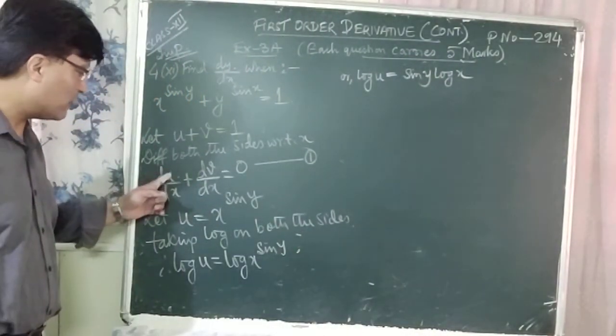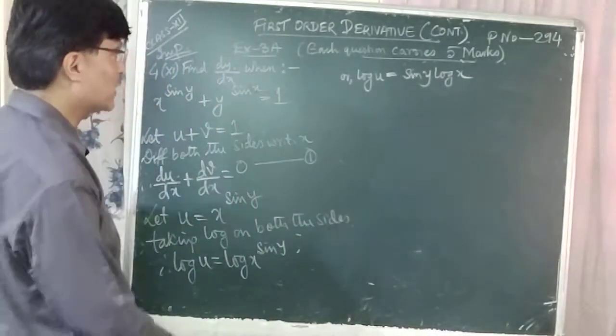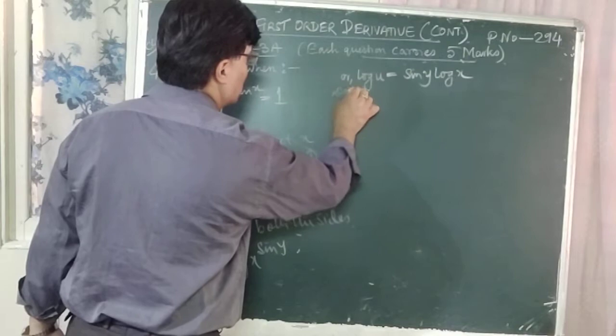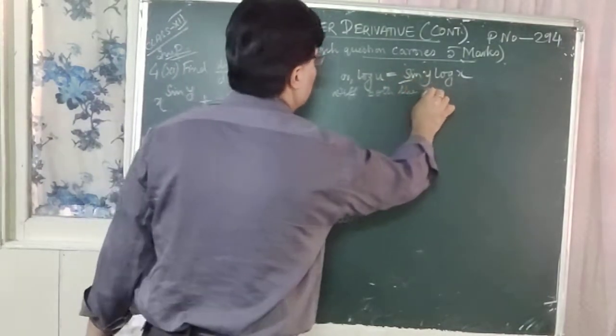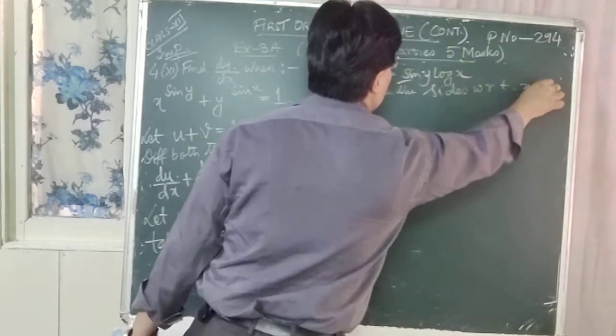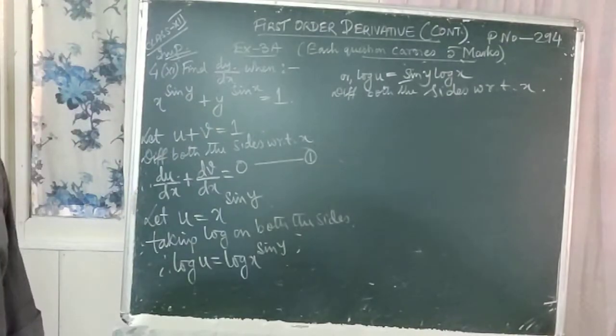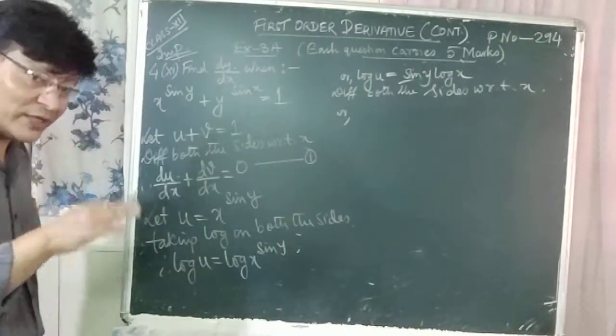Now you have to get the value for du by dx, okay? So differentiate both the sides with respect to x. Let us find out this differentiation. What is the differentiation of log u with respect to x?